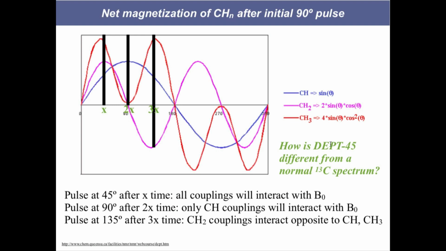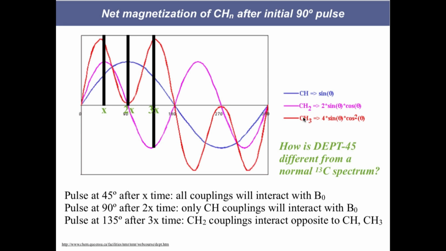First, let's think about DEPT 45, by that I mean being enhanced at 45 degree angle after X amount of time. The difference between DEPT 45 and a normal carbon-13 spectrum is that DEPT 45 enhances CH, CH2, and CH3. What it does not show is quaternary carbons.